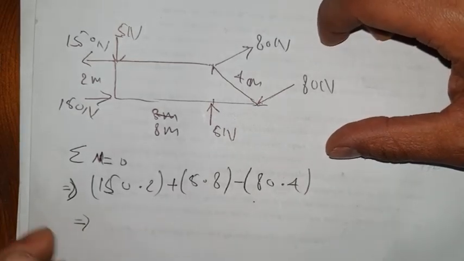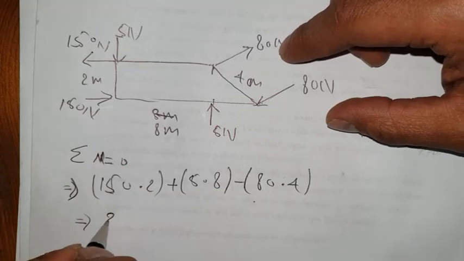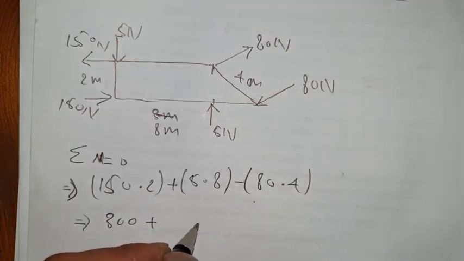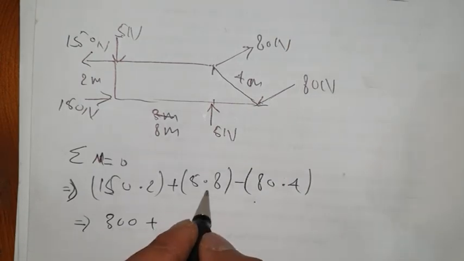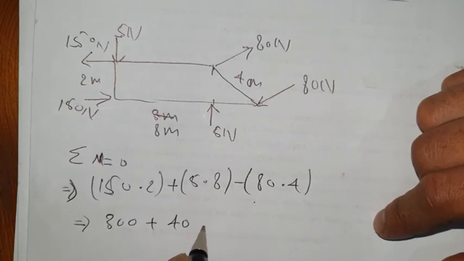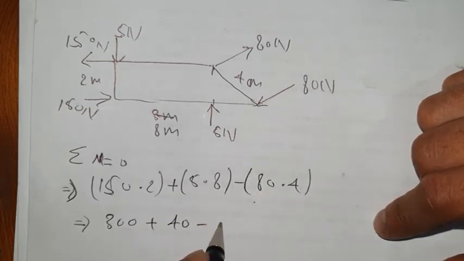So we will simplify all these things. 150 times 2 is 300, plus 8 times 5 is 40, minus 80 times 4 is 320.